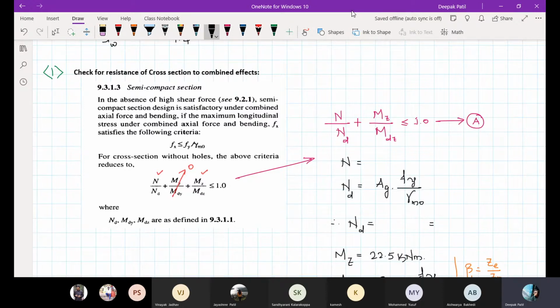Let us proceed. N is the actual compressive load applied on the column, which is 675 kilonewtons.